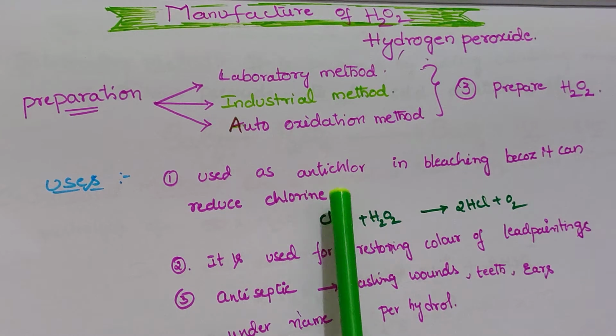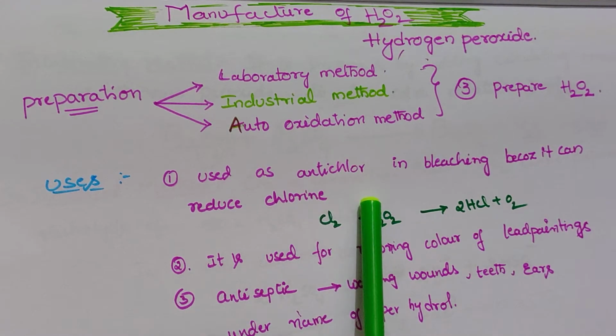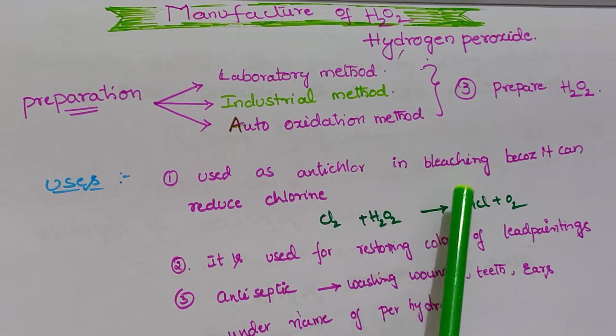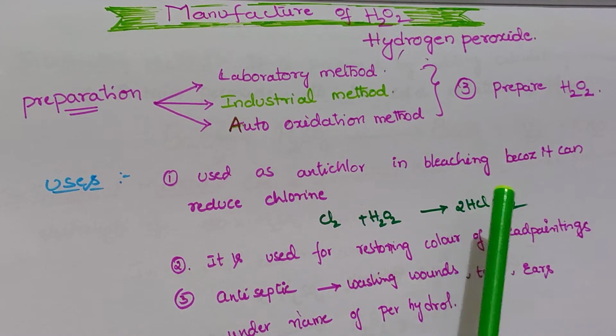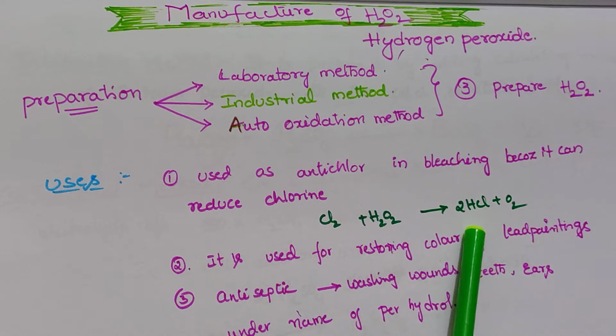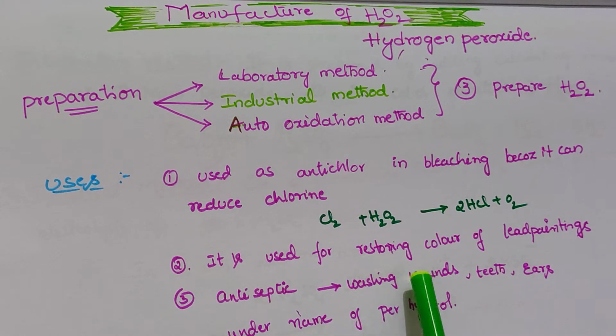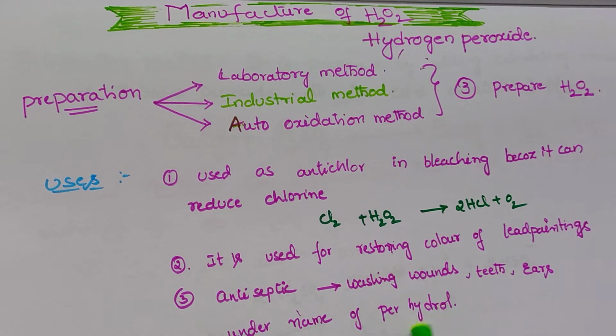It is also used for restoring the color of lead paintings, and it is an antiseptic because it is used for washing wounds, teeth and ears under the name of perhydrol.